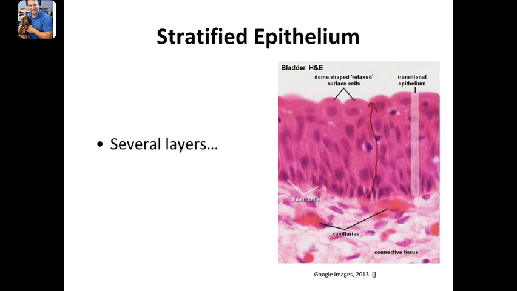Note that the apical cells are dome-shaped, and they are called transitional epithelium. This is very common in your genitourinary system, your bladder, your ureters. Those are the tubes that take the filtrate from your kidneys to your bladder. And what happens is this is going to stretch, so that domed configuration is going to allow the cells to slide upon one another and stretch as a bladder might.